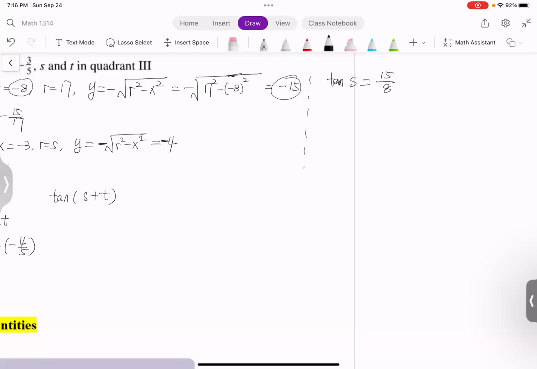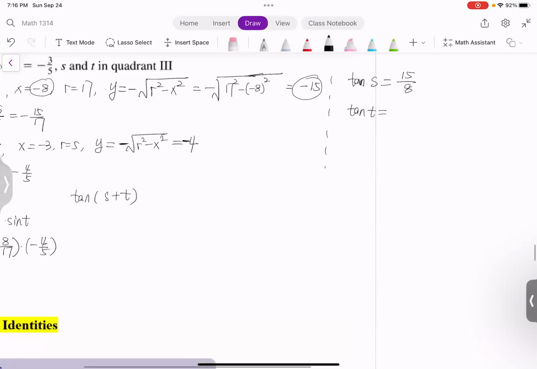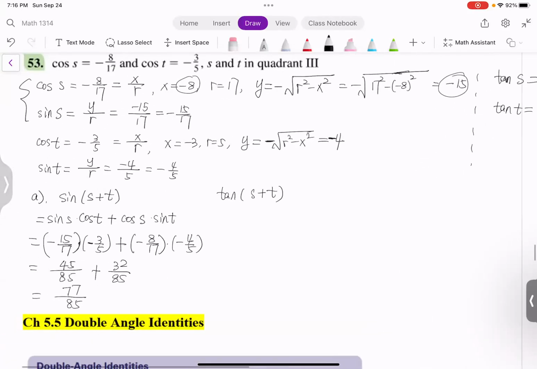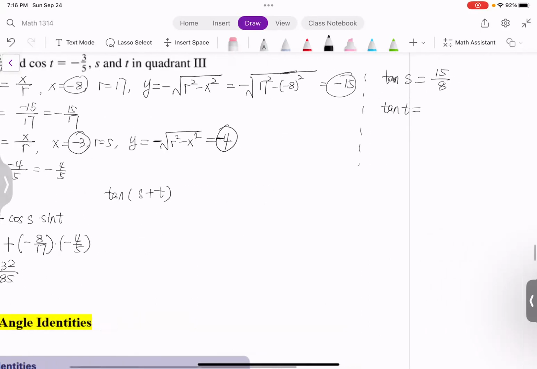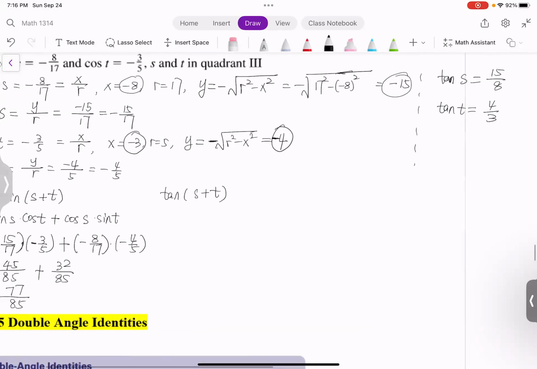And how about the tangent t? Tangent t is y over x. So y is negative 4, x is negative 3, so 4 over 3. Okay, let's see. What is the solution? This is number B. So let's put it here.